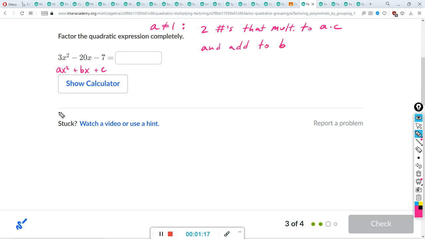So you can see right here a is 3 and c is negative 7. So a times c is going to be 3 times negative 7, and that's just negative 21. And you can see right here that b is negative 20.